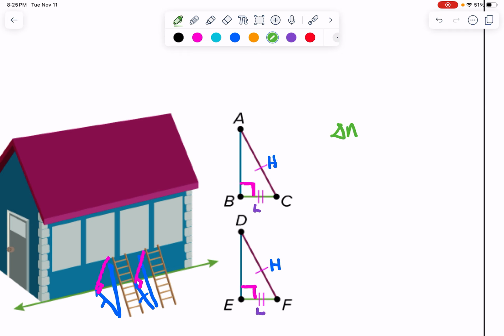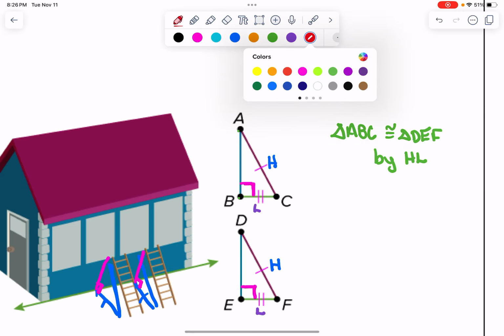Triangle ABC is congruent to triangle, if I started at A and went to B and to C, it should be named DEF by hypotenuse leg.